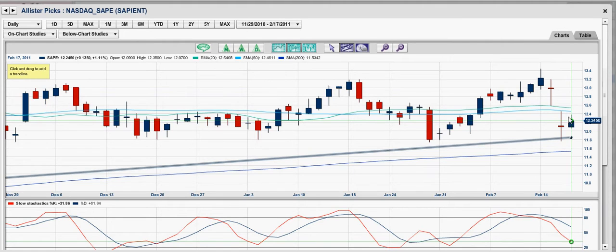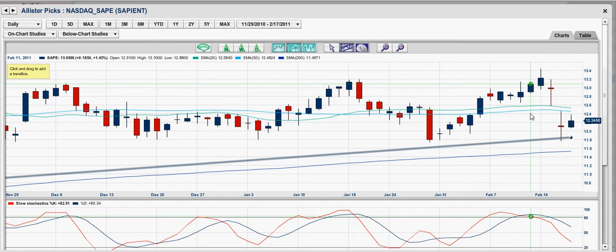If things do work out, we would anticipate a trade into, give or take, around $13.50, which would be more or less $1.25 in profit. Now $1.25 in profit would more or less be considered pretty good.